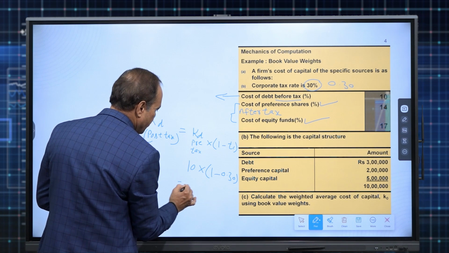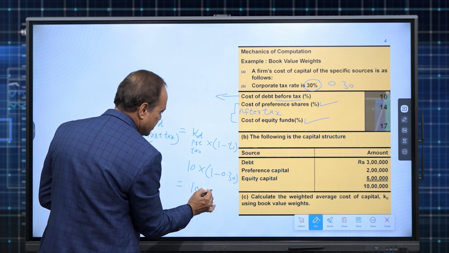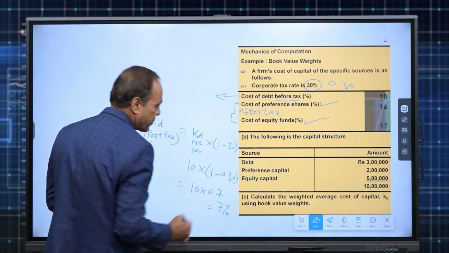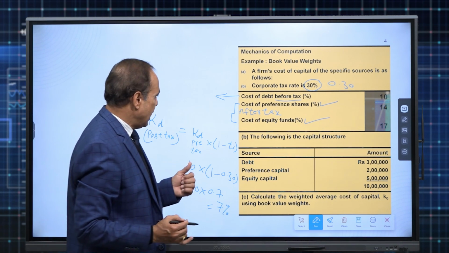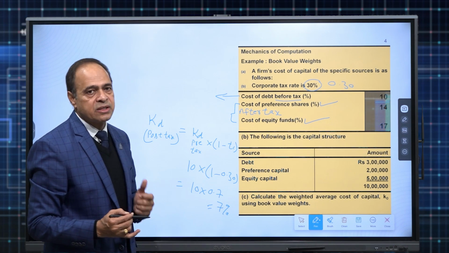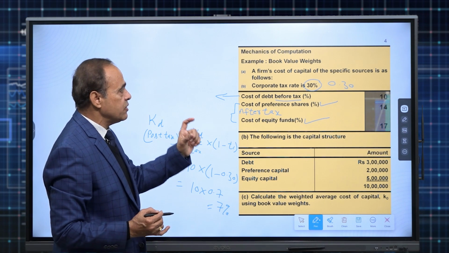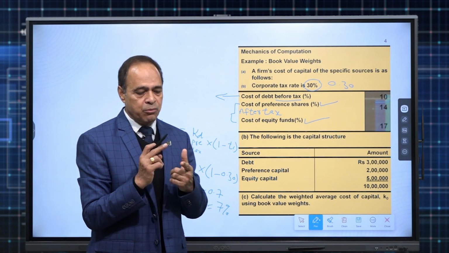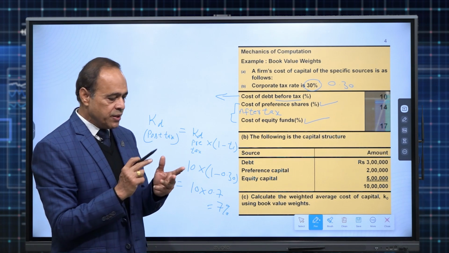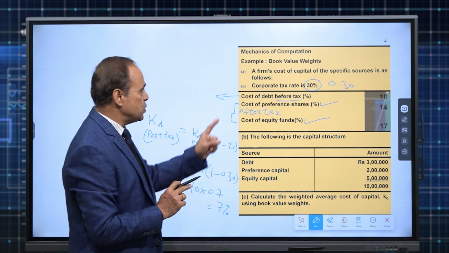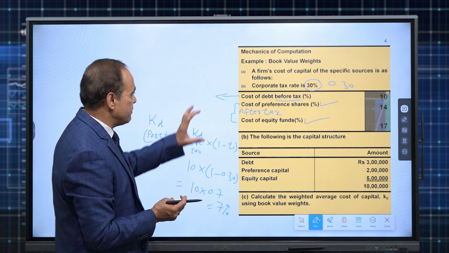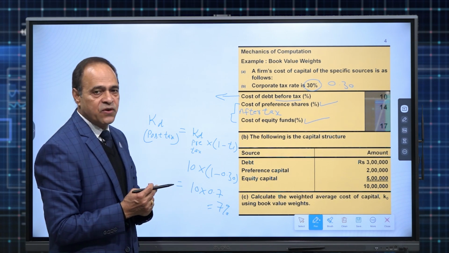So what we get? 10 multiplied with 0.7, that makes it 7%. So we can say after tax cost of debt is 7%. Now while calculating weighted average cost of capital, whatever may be the weight mechanism, either book value weight, market value weight or marginal weights, always use after tax cost of specific sources. So that was the understanding of the specific cost.